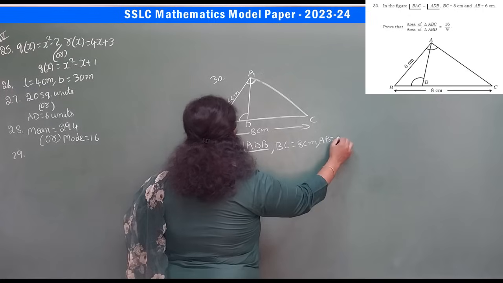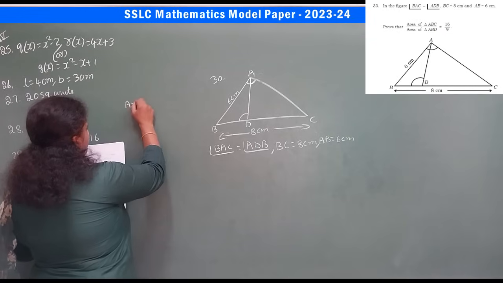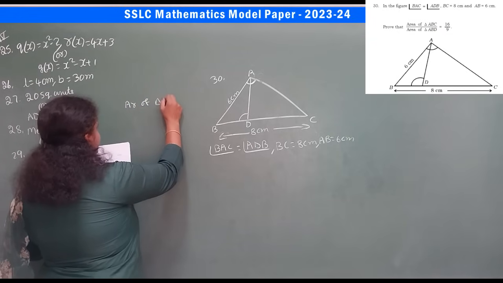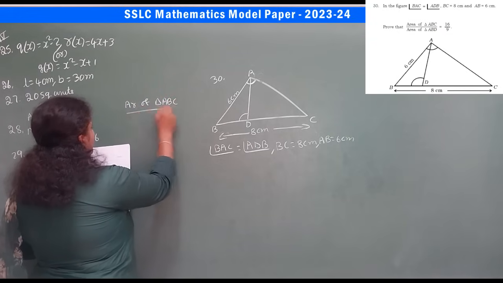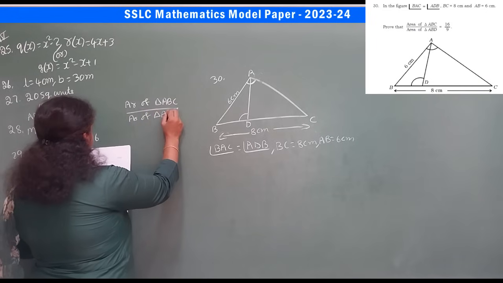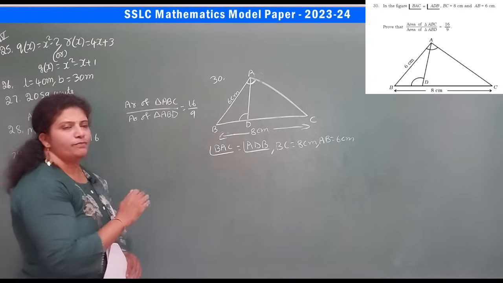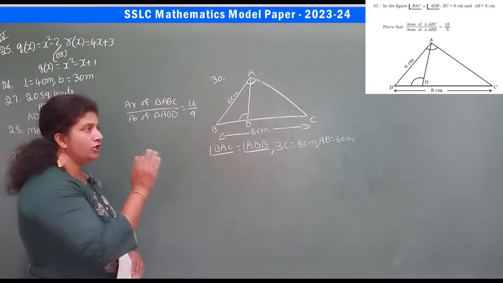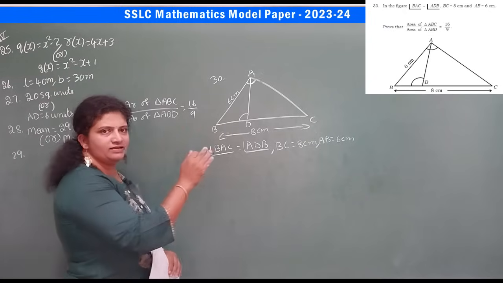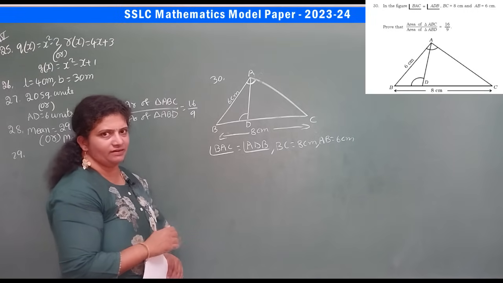AB is equal to 6 centimeter. Prove that area of triangle ABC by area of triangle ABD is equal to 16 by 9. Problem is very easy. When you are able to identify the two triangles and prove similarity, you can apply area's theorem and get the answer.